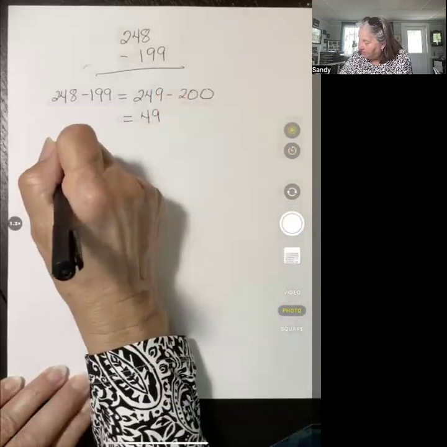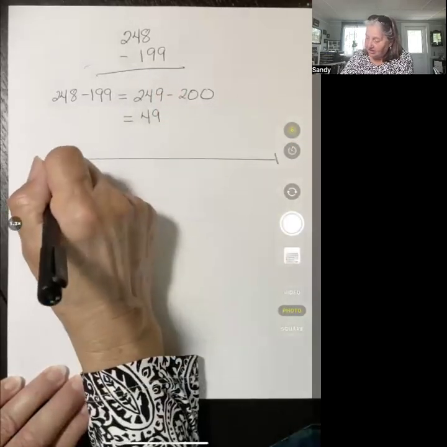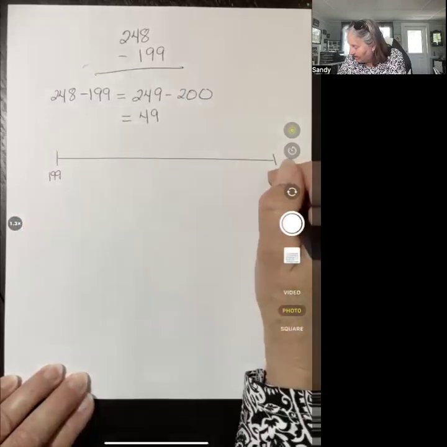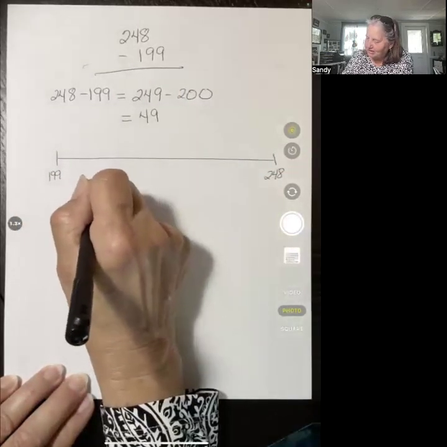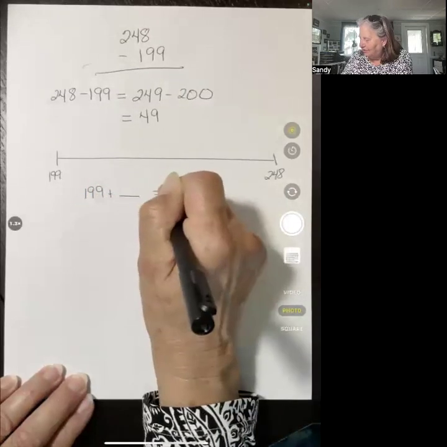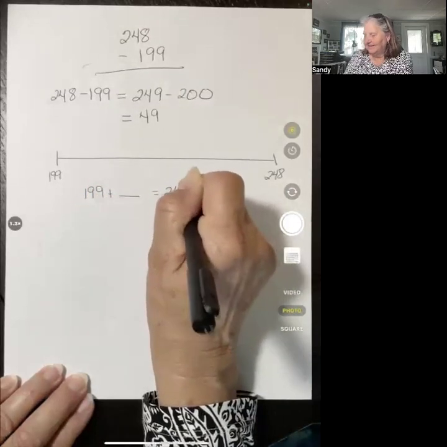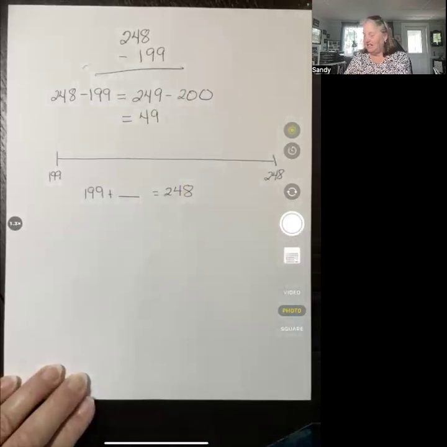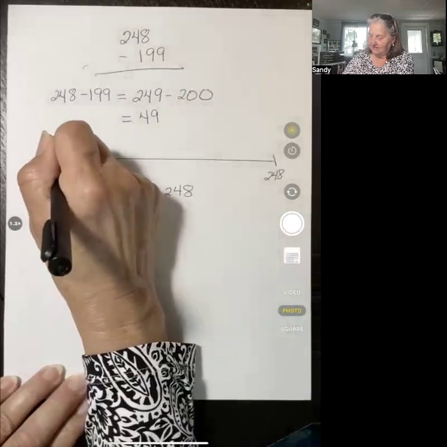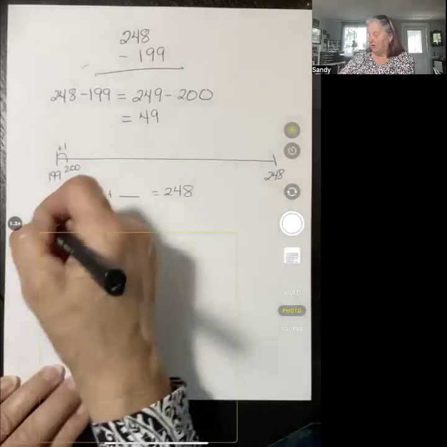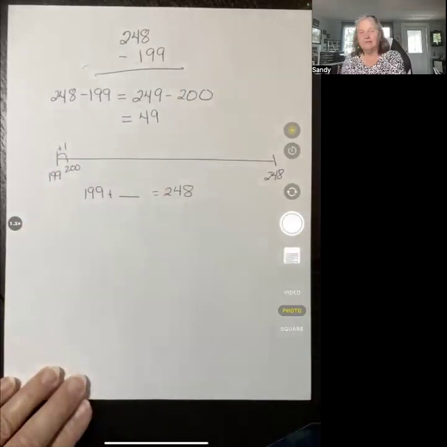Could I do the open number line? Start at 199, go up to 248 and think, how many more than 199 is 248? Now, me, I'd make that jump of 1 to get me to 200. And then I probably would make the whole jump to 48.